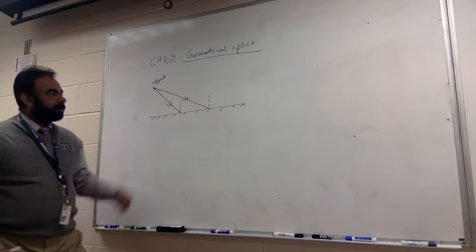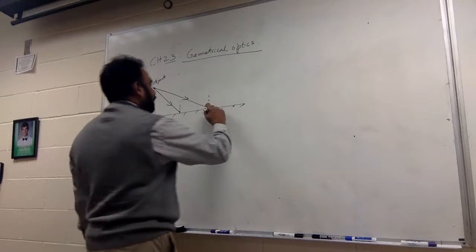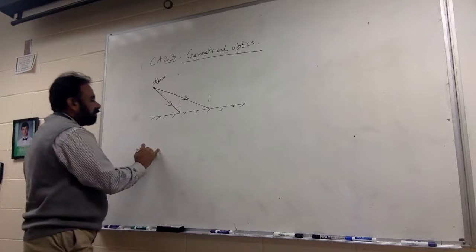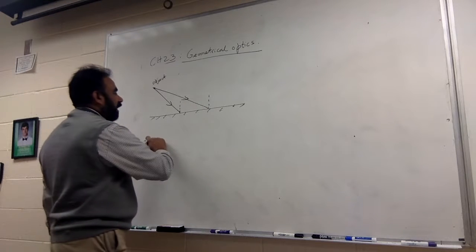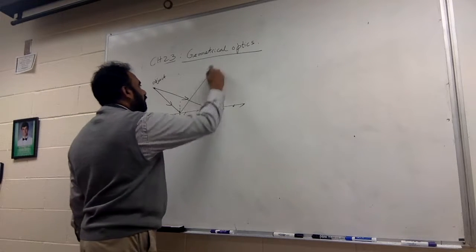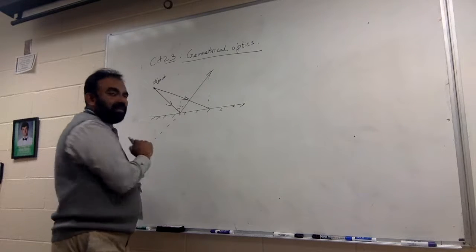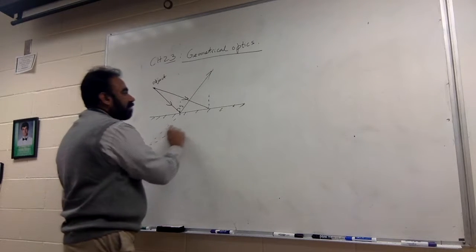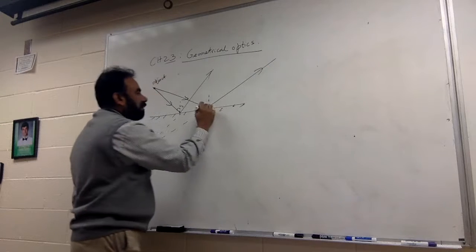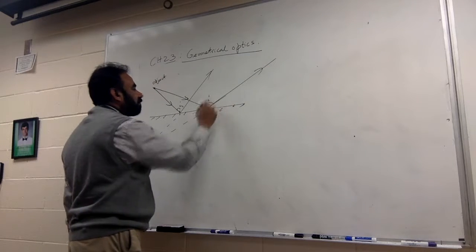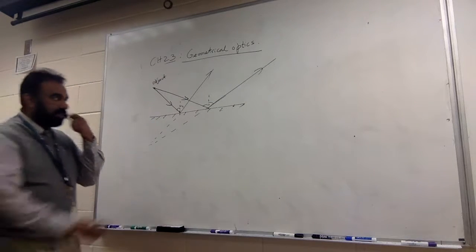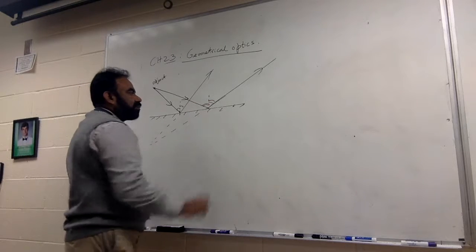Geometrically. Yeah, this angle is bigger. And so the angle of reflection is also bigger. So this one bounces off and goes like that, making exactly the same angles. And this one bounces off and goes like this, making exactly the same angles. So these two angles are alike, and those two angles are alike.